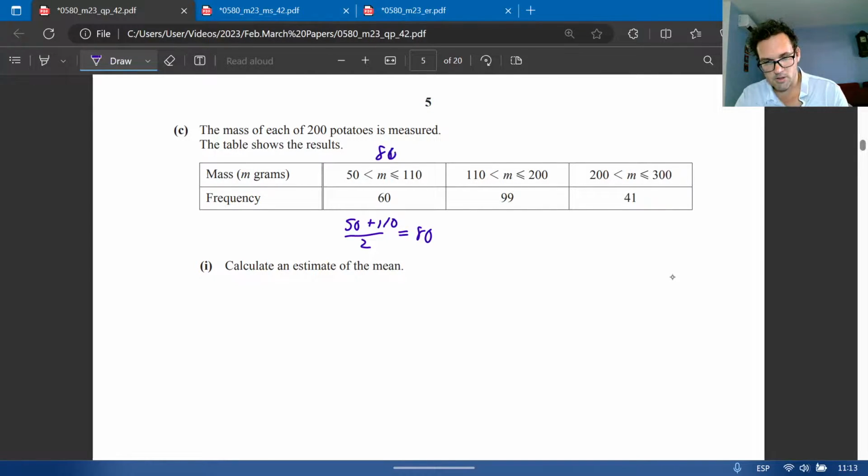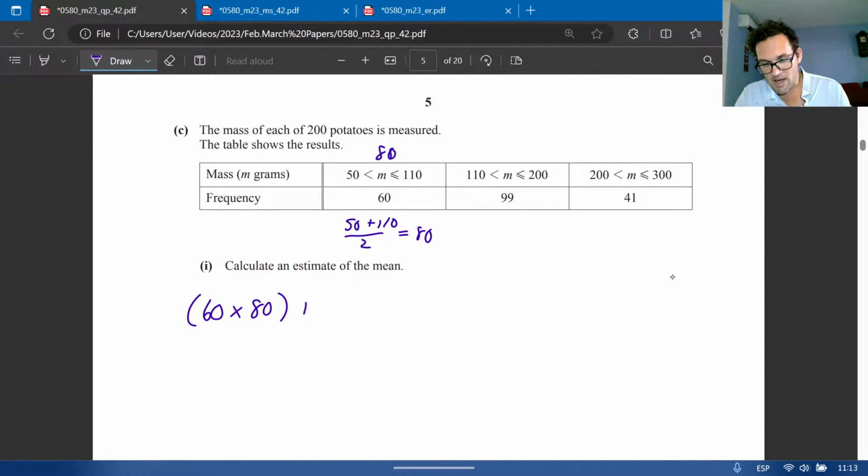So we're going to assume that on average, these 60 potatoes weigh 80 grams, which in total would be 4,800 grams. But that doesn't matter.